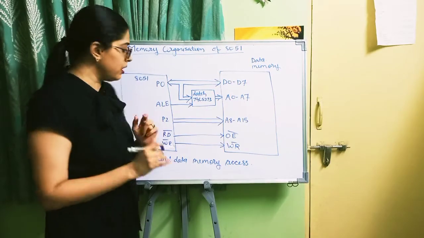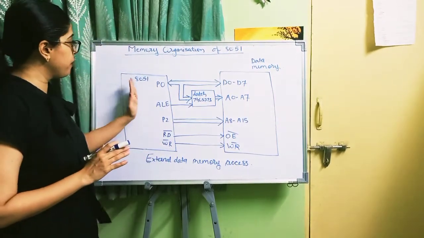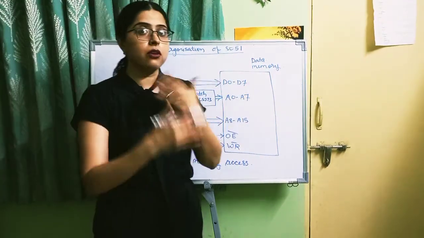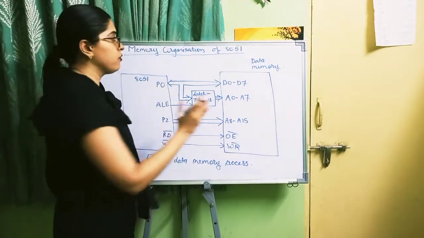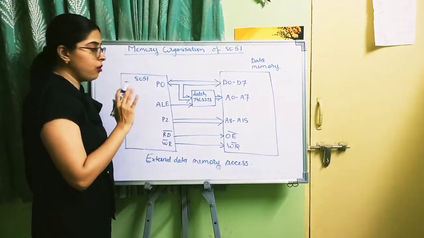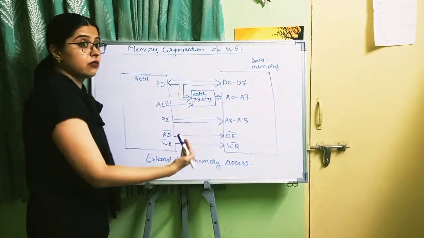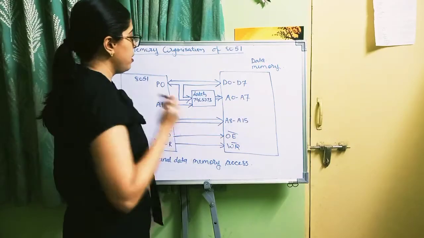So when WR bar is given the active low signal, the data flow is from 8051 to data memory, the reverse of the read operation. In case of read, data flows from data memory to 8051, and in case of write, we are modifying the contents, so the flow is from 8051 to data memory.